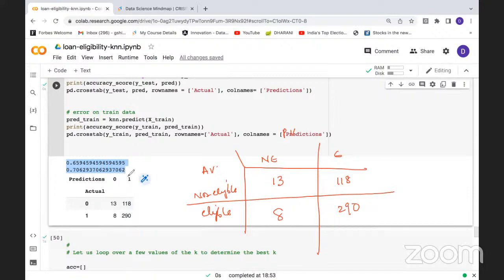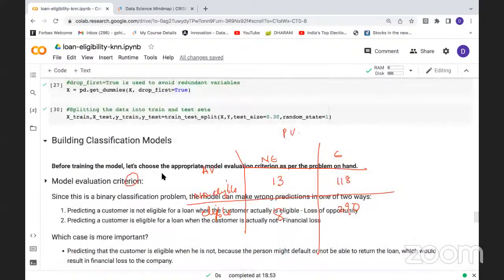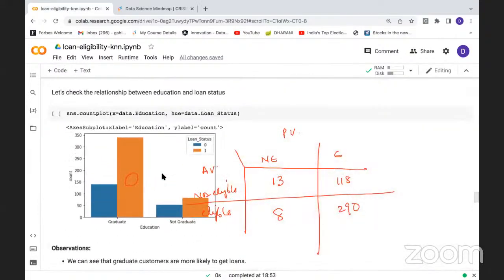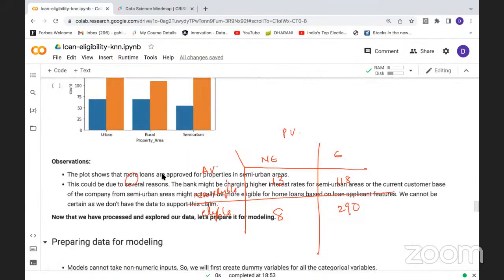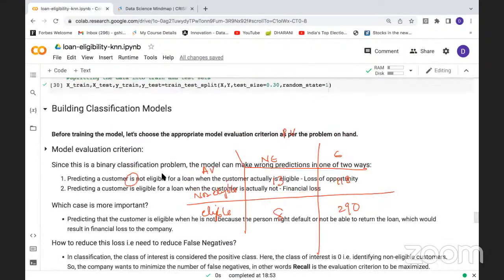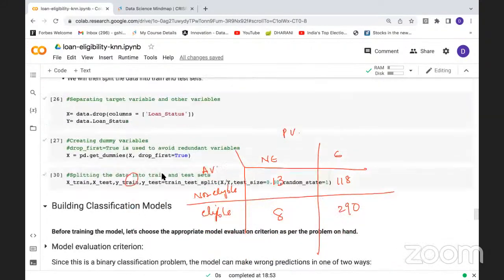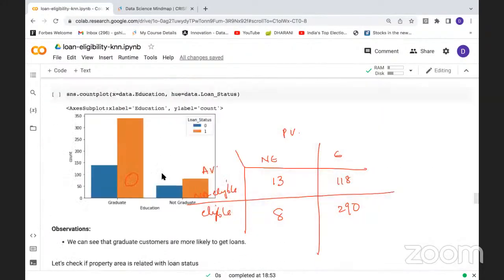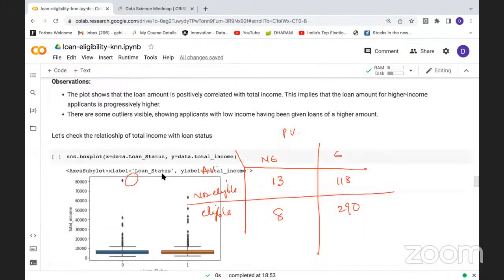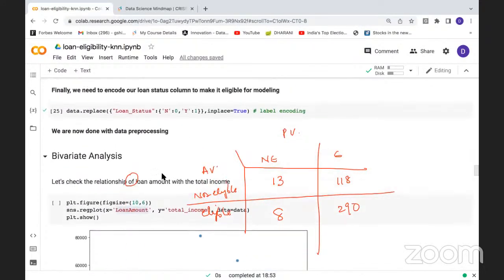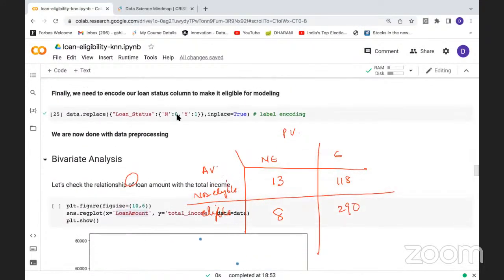One is those are eligible. If I'm not wrong, what did we do here? How did we change our label? Status, somewhere we have changed the labels. Just give me a second. 0 and 1.